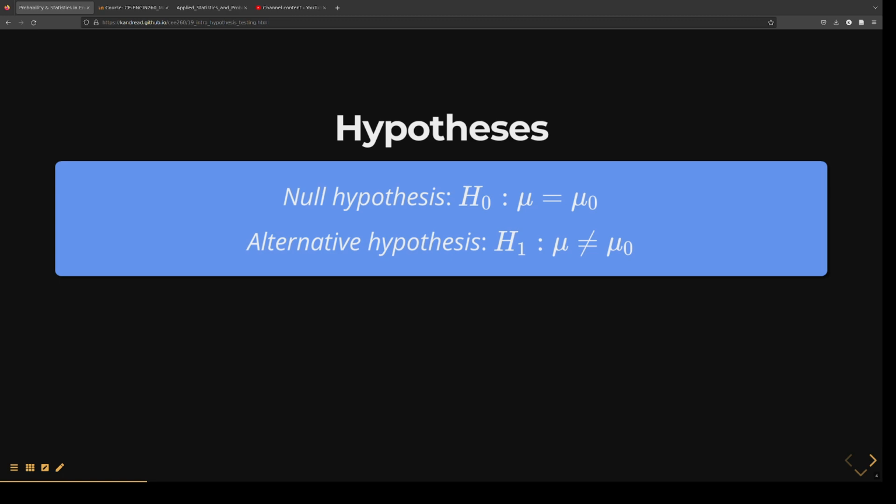So the idea is that we need to have a data set from our sample that essentially will support something that contradicts the status quo.